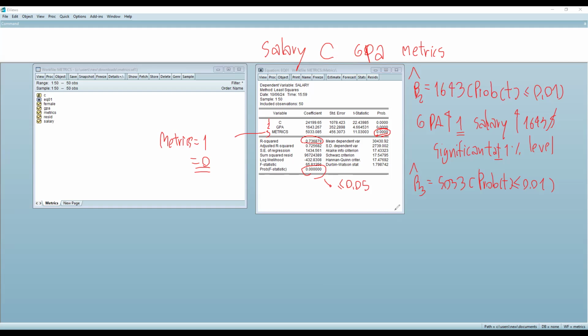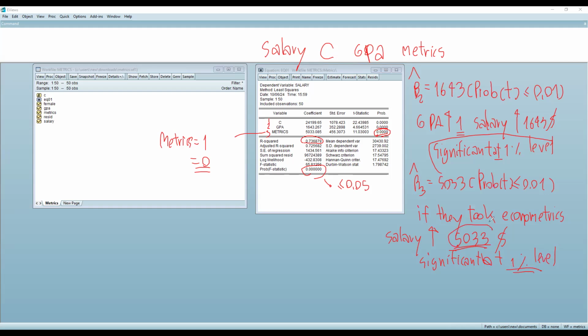It says that if they took econometrics, this subject, salary is increased by 5,000 dollars. Yes.